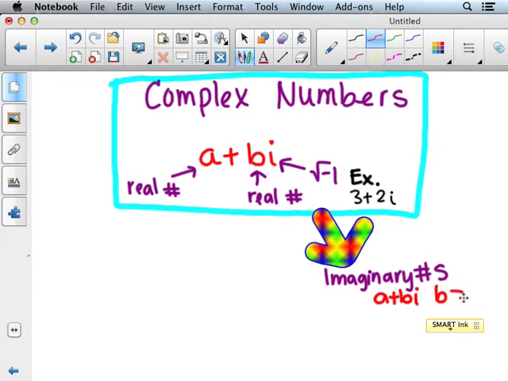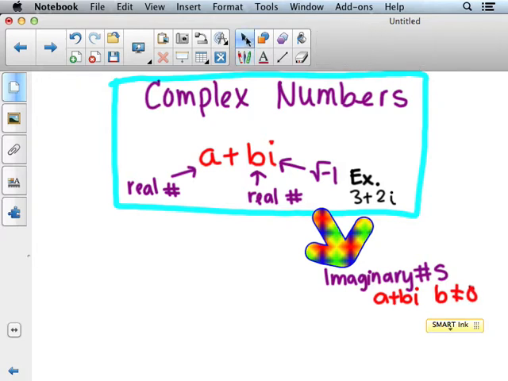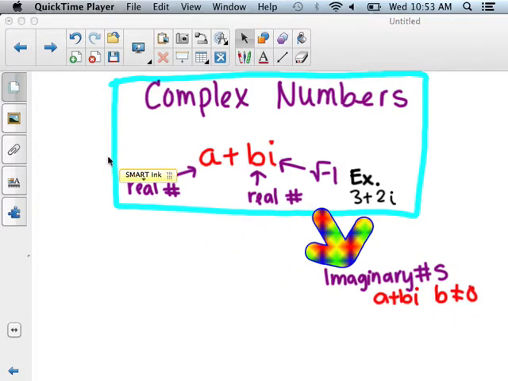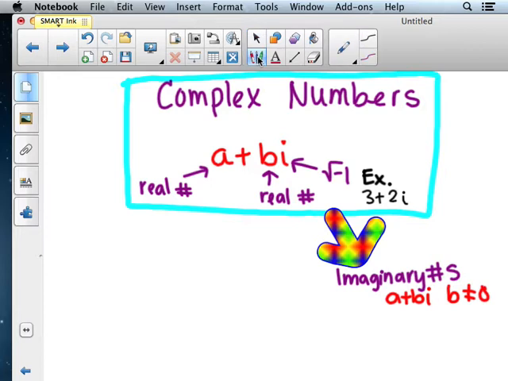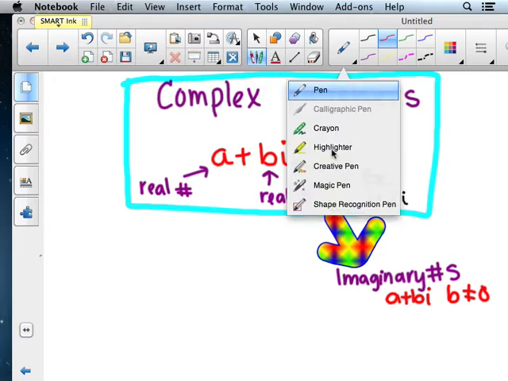We have to have the imaginary part here, the i. Otherwise, it's not imaginary anymore. We only have the real part, and then it becomes a real number. So we've got our imaginary numbers, which are basically the same as complex numbers, except here, b cannot equal 0.